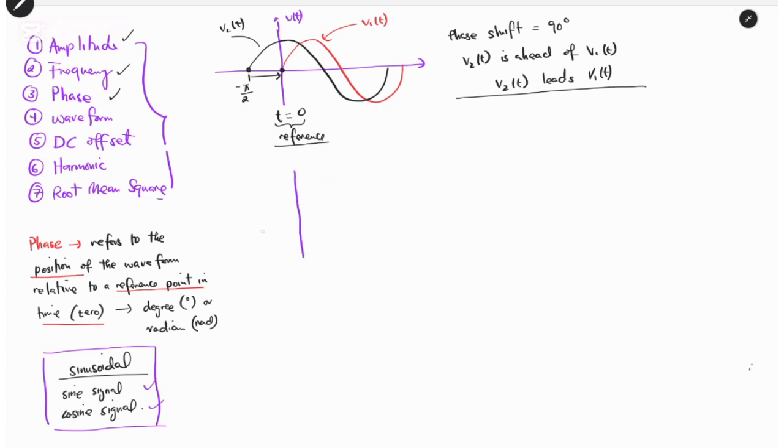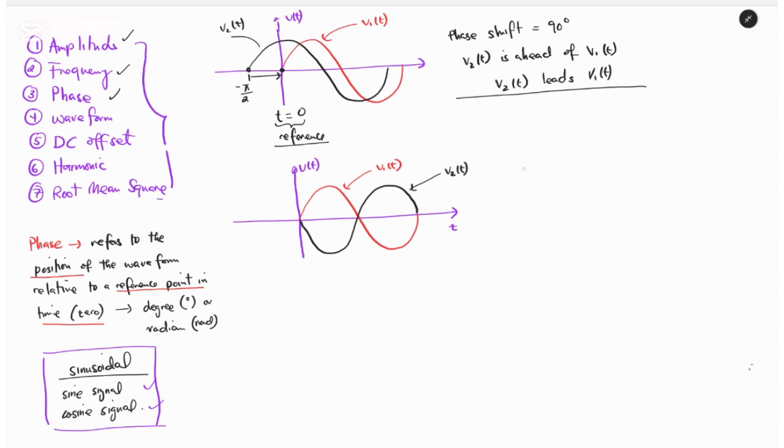And with another waveform, we can have t, Vt, and for example V1t, and we have the black representing V2t.